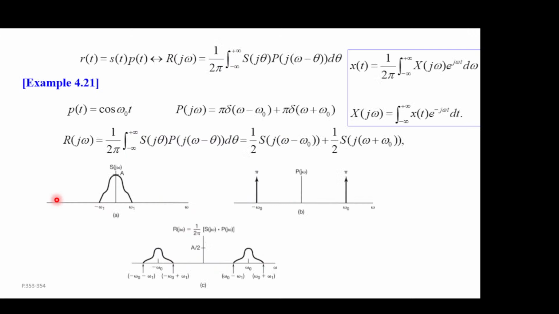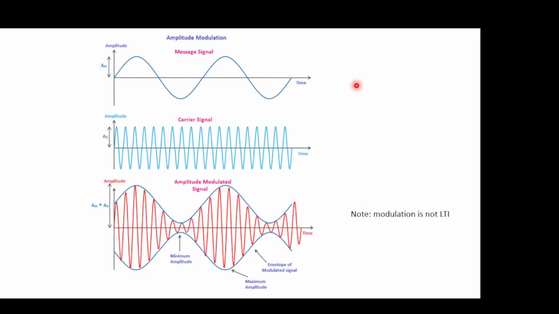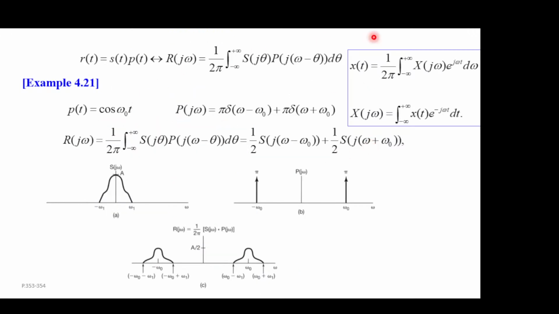So we have our two signals. The modulated signal r of t is equal to our original signal s of t times the carrier signal p of t. Our carrier signal is going to be a perfect sinusoidal function.